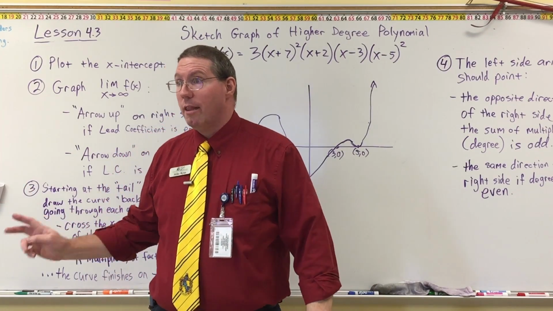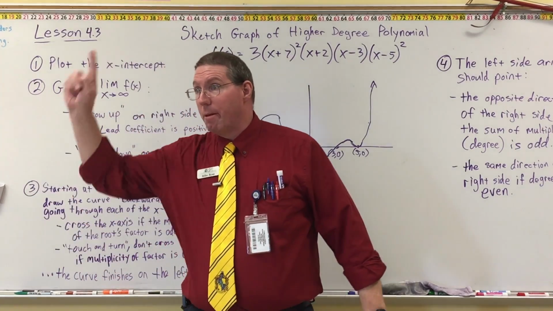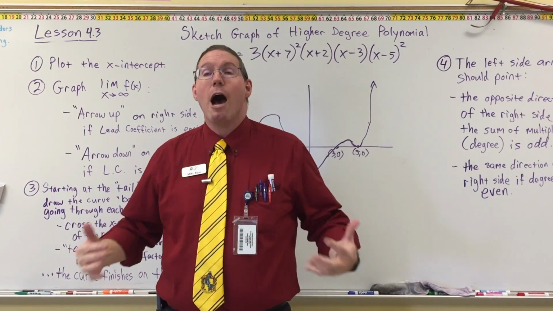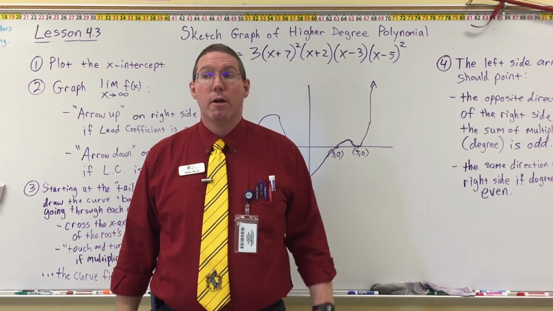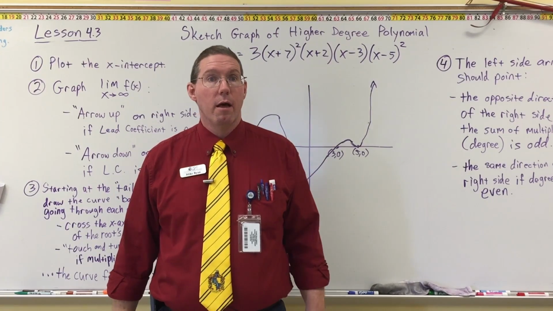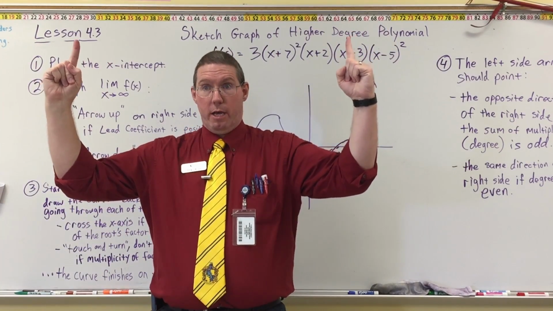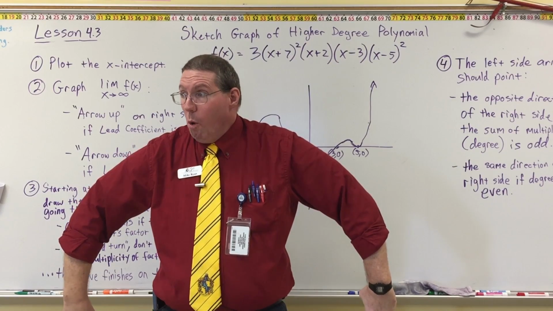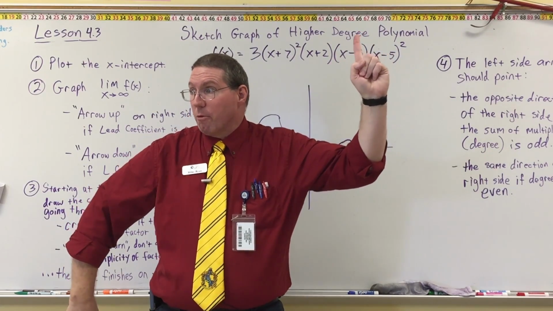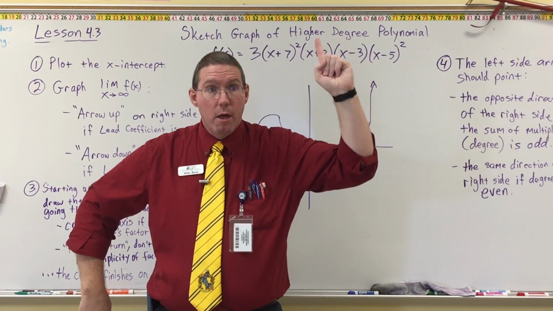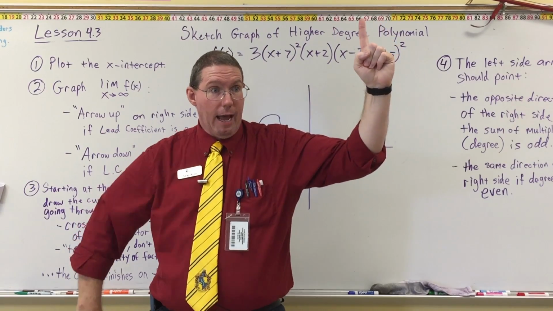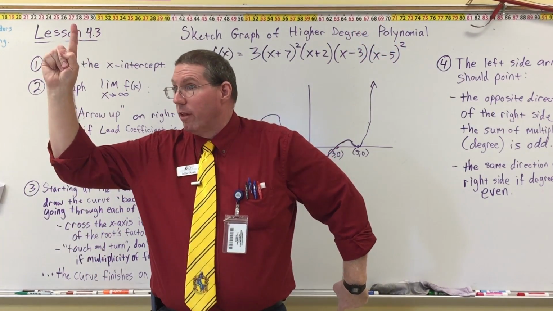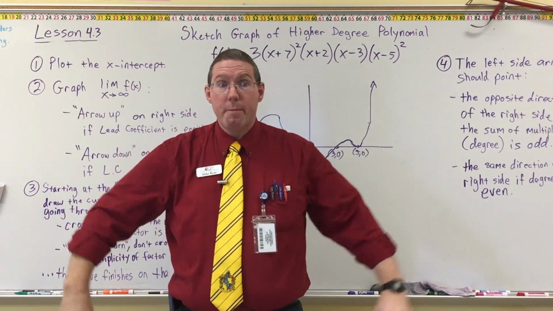Same thing with the left side: it can be pointing up or down. So how many possibilities are there? There's only 4. Either both sides are pointing up, both sides are pointing down, or one of them is pointing up and the other pointing down, and there are 2 of those. We can be pointing up on the right and down on the left, or down on the right and up on the left. So there's only 4 possibilities.